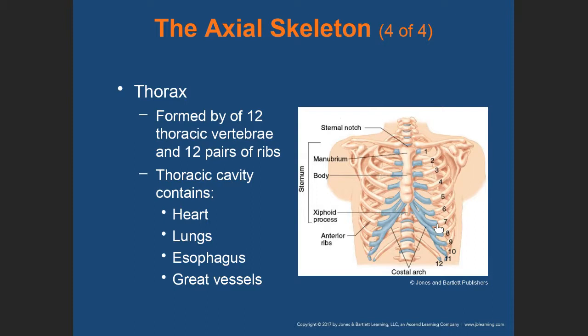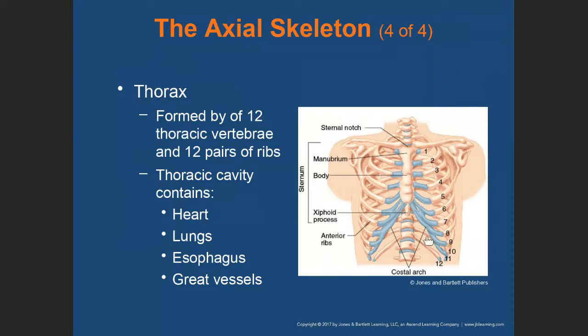Right, you can look at it that way, but just keep in mind that if a fracture occurs there, depending on whether it's left or right, it can damage the heart and it can damage the lungs. But it takes significant force to crack that portion of the rib. Okay, sir. All right.